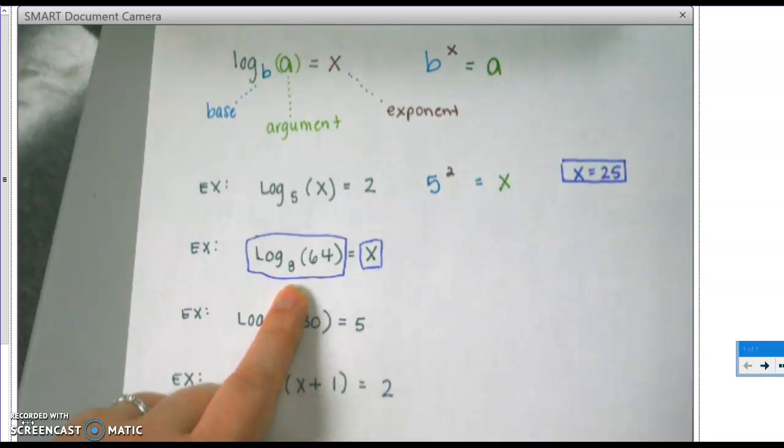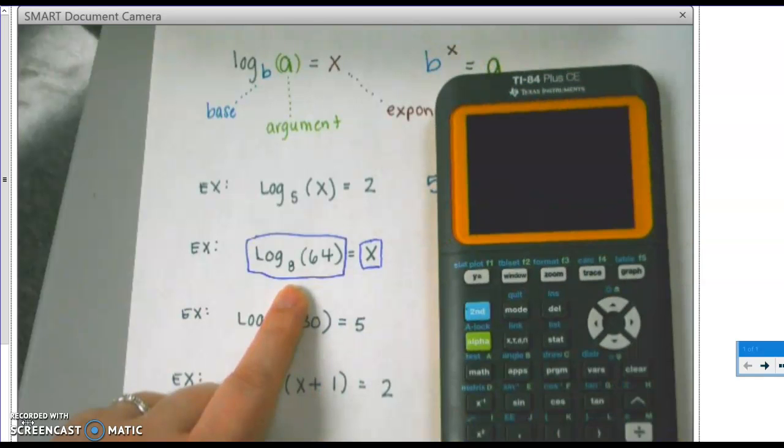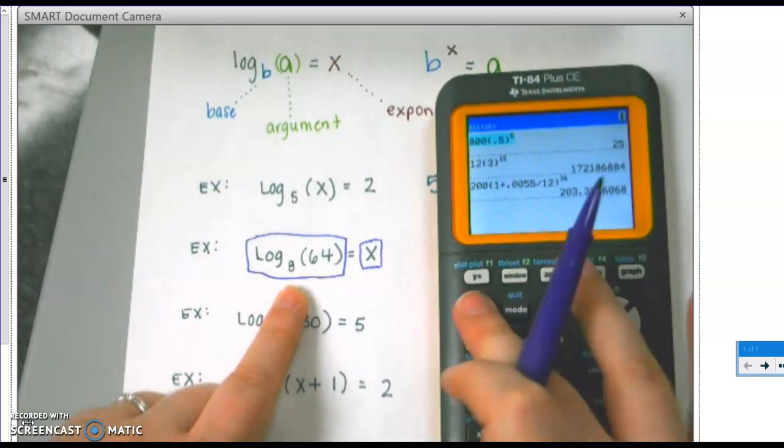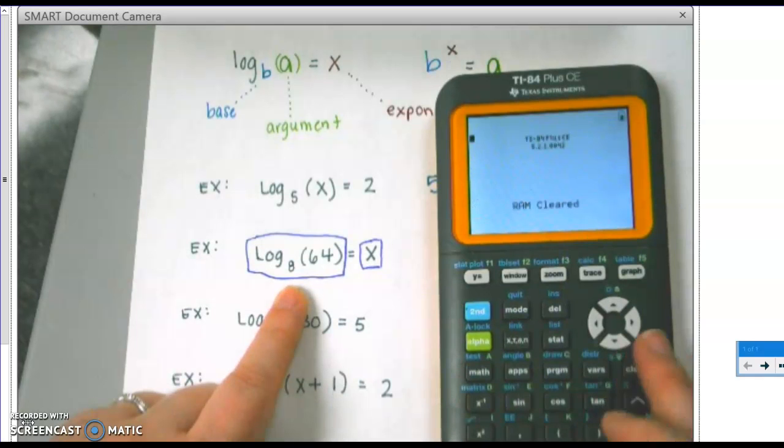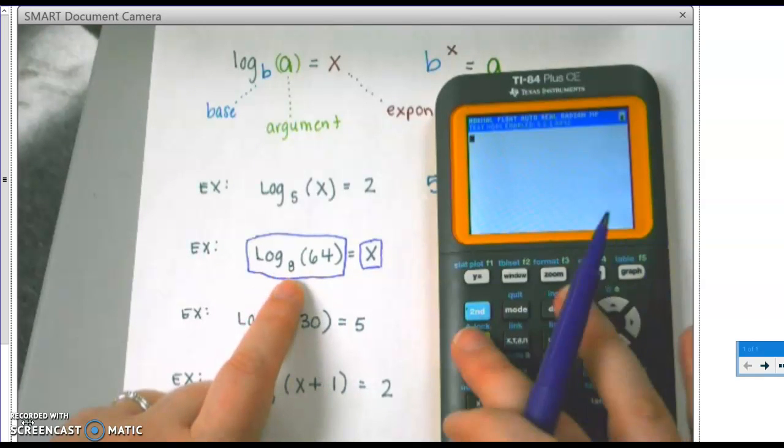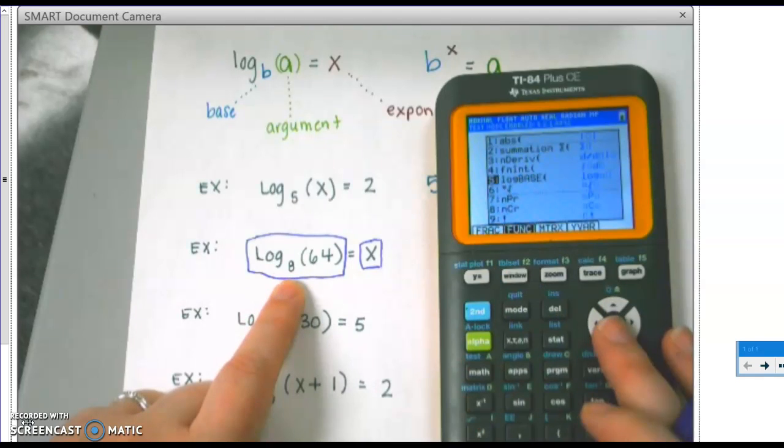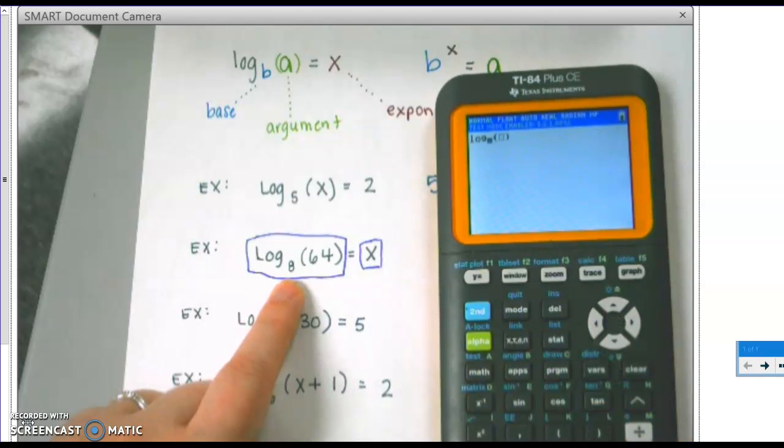So if you're using the TI app on your calculator, to get a base to show up, it's alpha window, and then option 5. If you've been using the graphing calculator on Desmos, to get the logs you have to click the little keyboard icon, then click the button that says functions, and then go over to MISC, which stands for miscellaneous, and you should see a log with a little A, so you can tell that you can change that number.